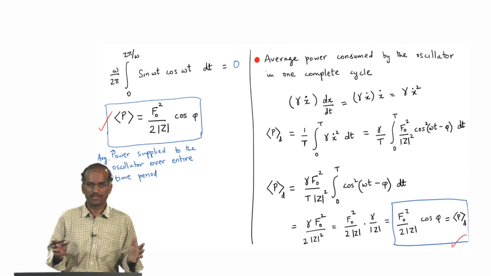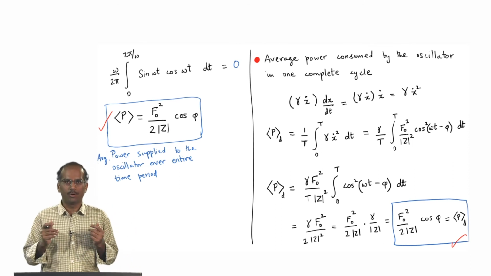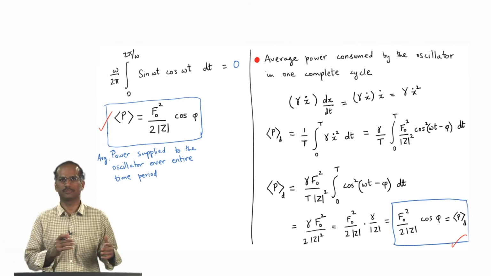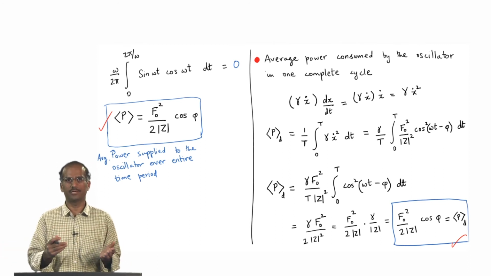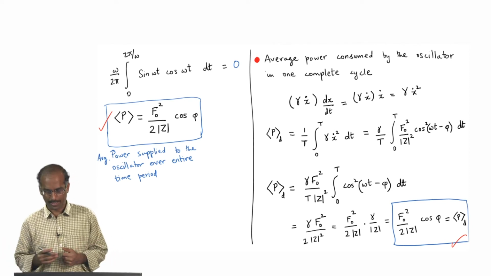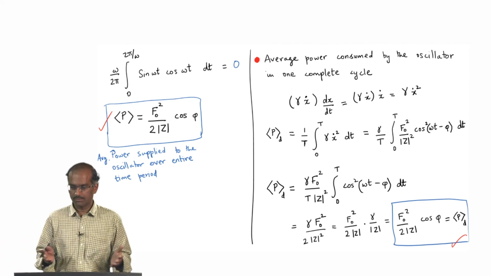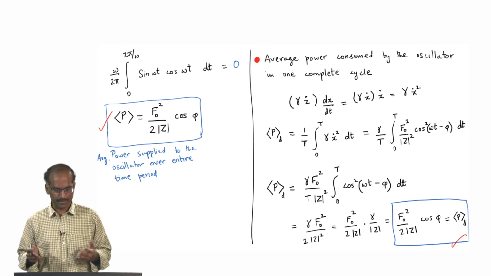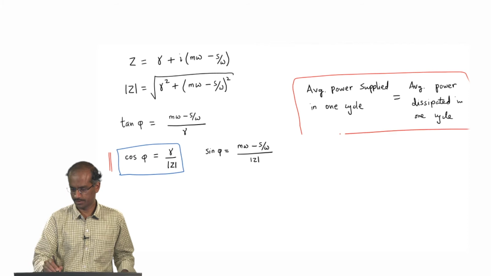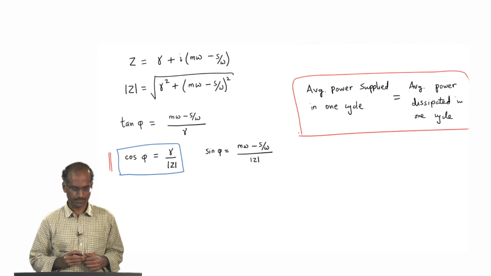So, in other words, it does not really hoard the power, it does not store it for future use. So, the average power given to the oscillator is immediately spent over the same time period. So, these two quantities are identical. So, this is our central message in this part of the section.